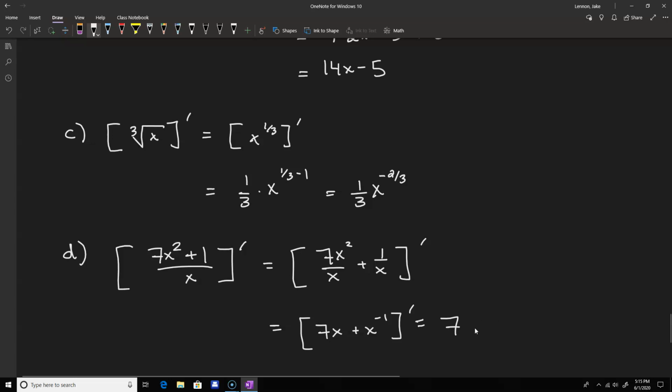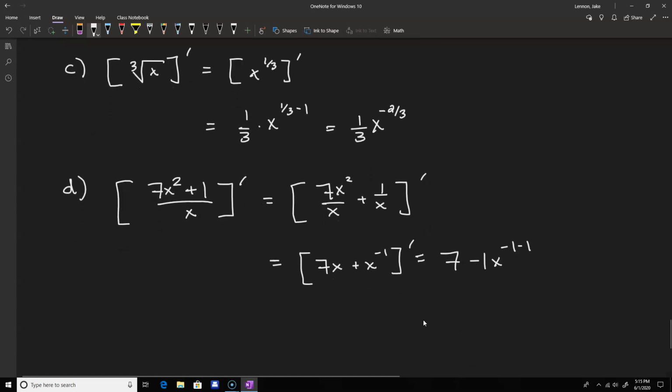And then for x to the negative first, we bring down the negative 1. And we subtract 1 from that power. So negative 1 minus 1 is actually negative 2. So this simplifies to 7 minus x to the negative 2, but you may also write that as 7 minus 1 over x squared. Since they started with fraction notation, maybe we would leave it that way.